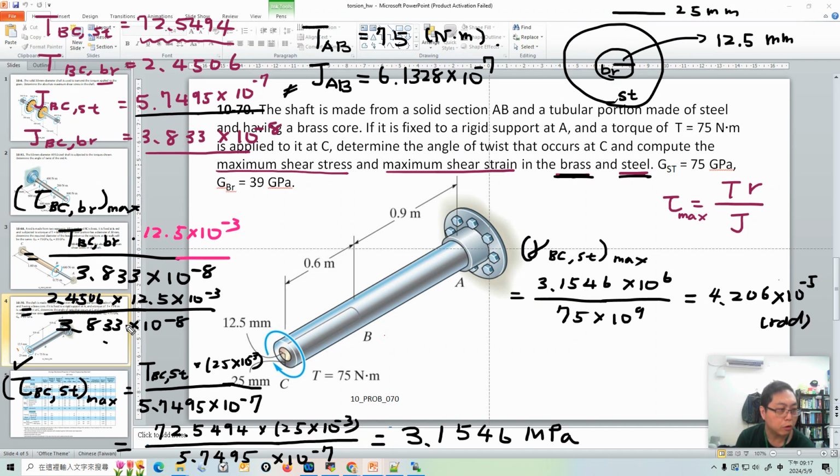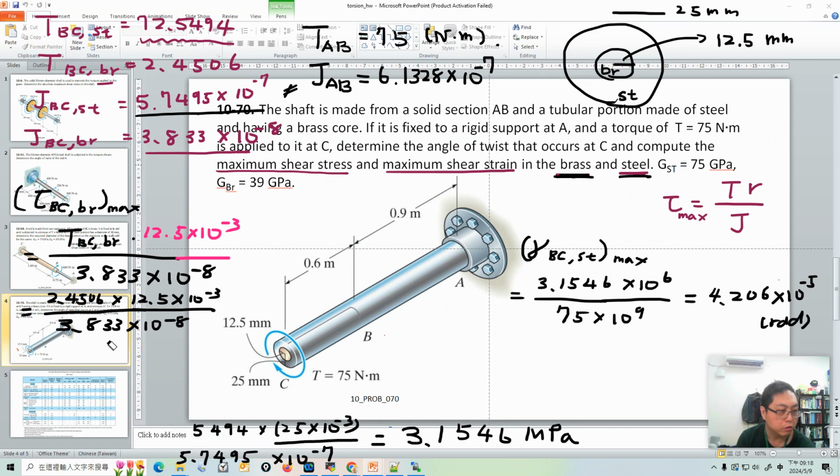Okay, what's the value of this? If you use the calculator to check, the answer will be 0.7992 megapascal.